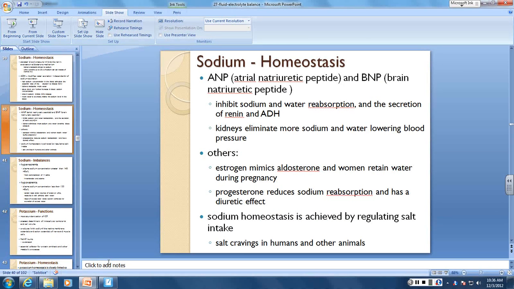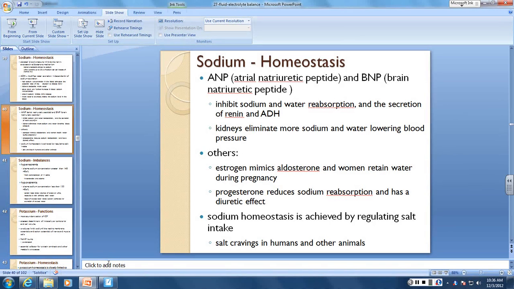Natriuretic peptide. Remember that? ANP. Where does that come from? Good. From the heart. And what does it do? Good. So natriuretic. Think of diuretic. So a diuretic causes you to what?